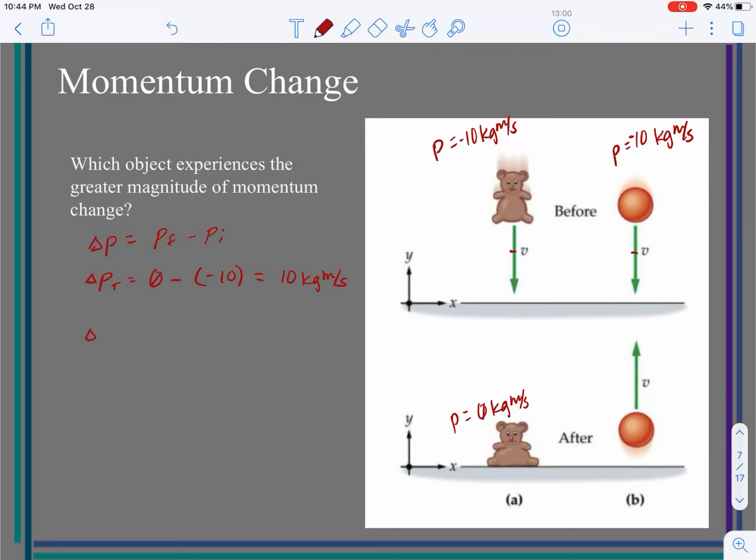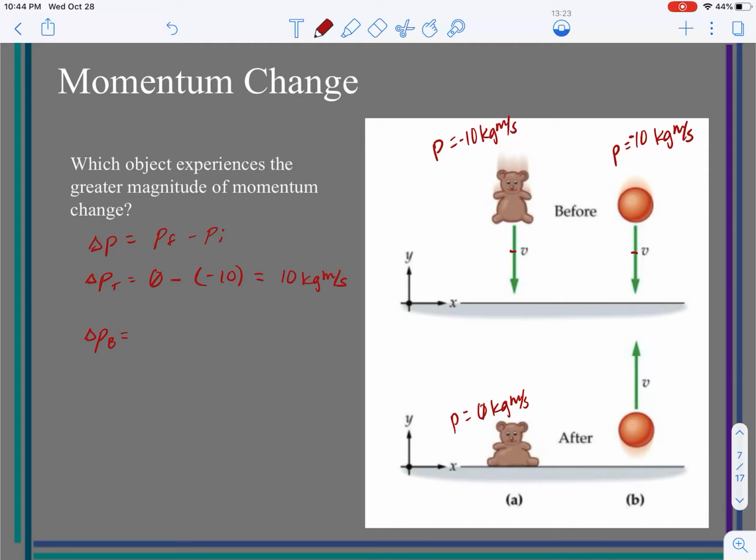Now if we look at the bouncy ball, the change in momentum for the ball is also going to be final minus initial. So when we look at our initial, we've already established that's a negative 10 because we're going to say our velocity is in the negative direction. But let's look at our after picture.